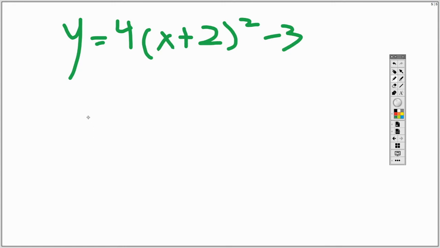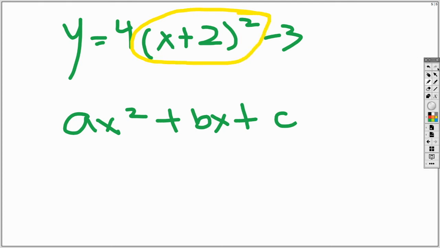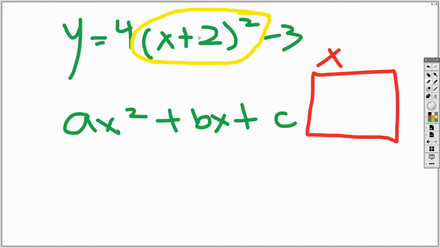In quadratic standard form, which was this for those of you who don't remember, so now we're trying to turn it into this. That means we first have to solve this, and that's where multiplying polynomials comes into place. What x plus 2 to the power of 2 means is to multiply x plus 2 two times.